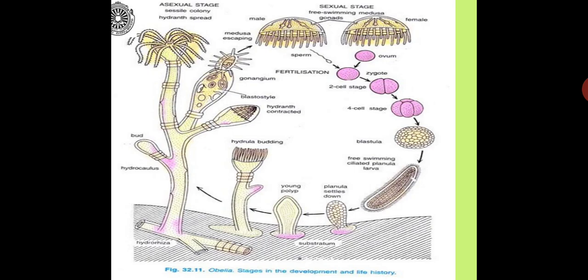And this planula larva, as I said earlier, swims freely for some time and settles down onto a suitable substratum, and then it develops into a young polyp, and this young polyp will later develop into a stage called hydrula, and that hydrula later transforms into an adult Obelia colony.